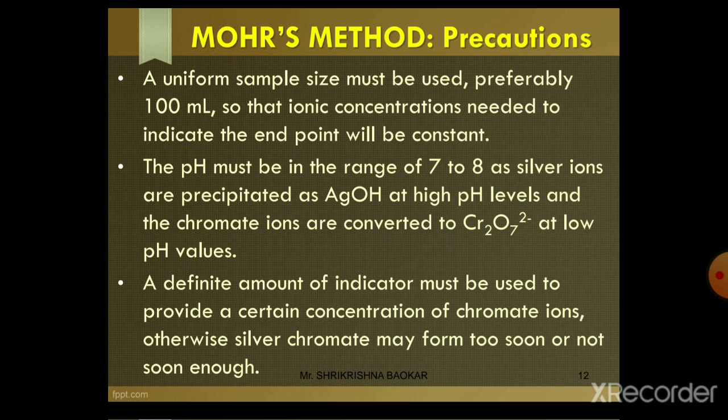The pH must be in the range of 7 to 8, as silver ions are precipitated as AgOH, that is silver hydroxide, at high pH levels, and chromate ions, that is CrO4, are converted to Cr2O7 2- at low pH values. A definite amount of indicator, that is K2CrO4, must be used to provide a certain concentration of chromate ions. Otherwise, silver chromate may form too soon or not enough.